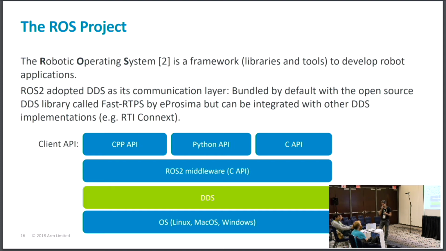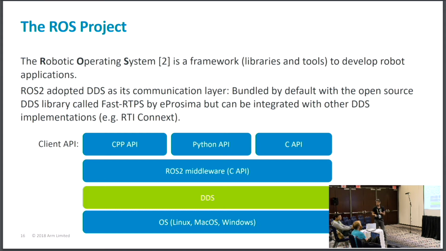And it's quite interesting because the project also has a huge library of packages, which are mainly open source, where people just contribute to it. The idea is that it's quite simple to get started on your robot because you can reuse lots of these packages and just focus on what you're trying to develop.